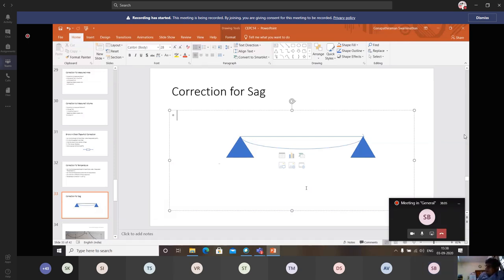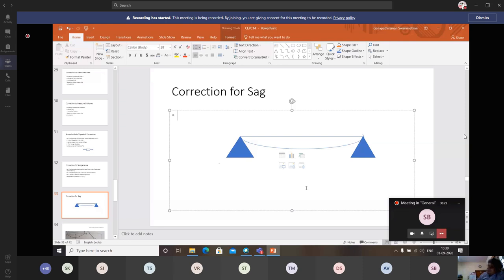Where do you find a suspension bridge? Sir, in New York, there is a bridge. Why? In our country, we don't have a suspension bridge? In the Himalayas, you can find it in Haridwar and the places where you have Lakshman Jula.